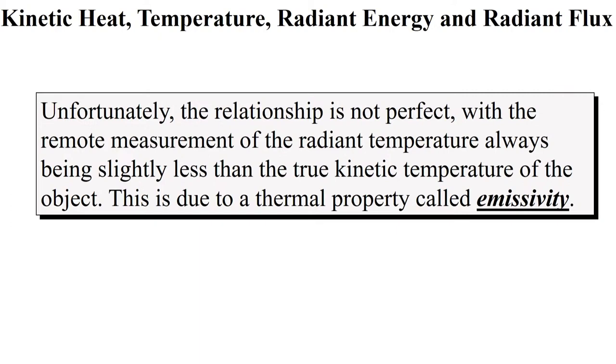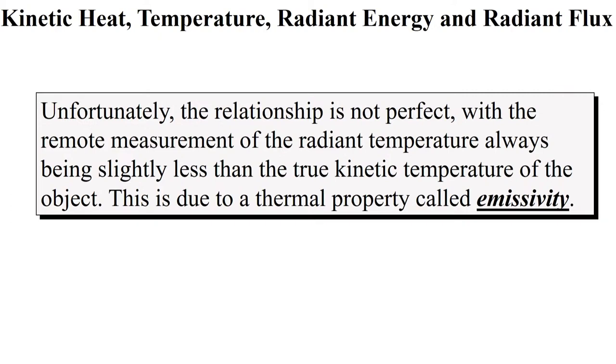If we are talking about the radiant temperature and kinetic temperature, if emissivity were not there, the heat radiated by the object would be directly captured by the sensor, and at that time kinetic temperature would be exactly equal to the radiant temperature.